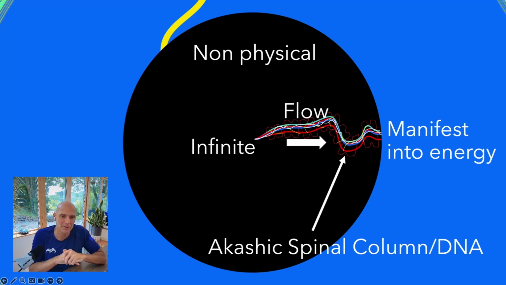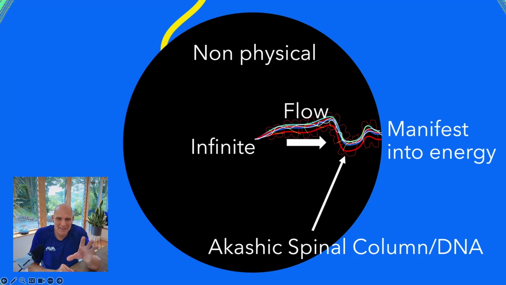And I find the best way of visualizing it is as a flow of information from the center to the outside. In the center, it's infinite. It's infinitely being created. And on the outside edge, it's being manifested into energy. That's when it becomes the Akashic stream.